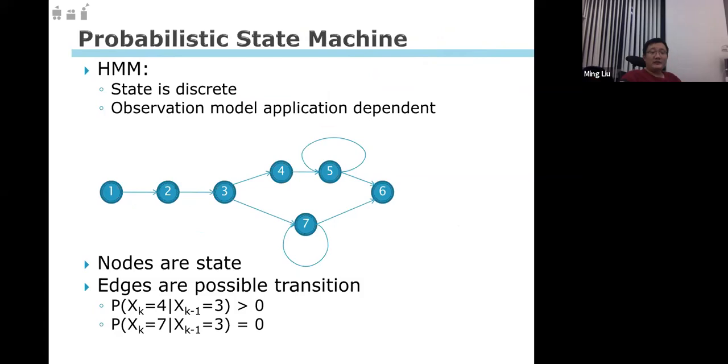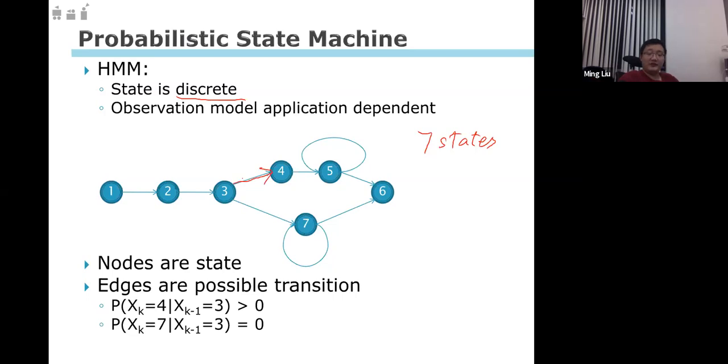And for HMM, that means you have discrete states. And the observation models are application dependent. So let's say if you have 7 states in your model, that means the current system state can stay at number 1 or number 2 up to number 7. But you have certain transition probabilities.